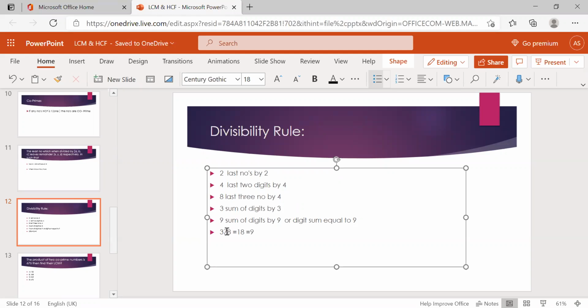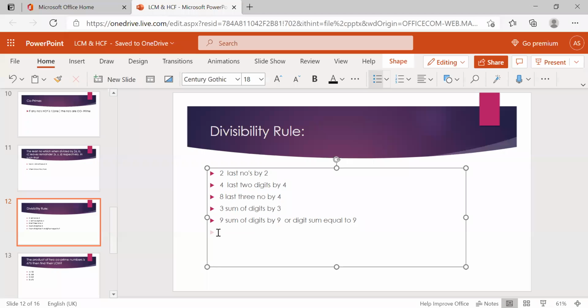Then it is divisible by 9. The digit sum equals 9, or the sum of digits is divisible by 9. This is the rule of 9. You should know at least these rules.